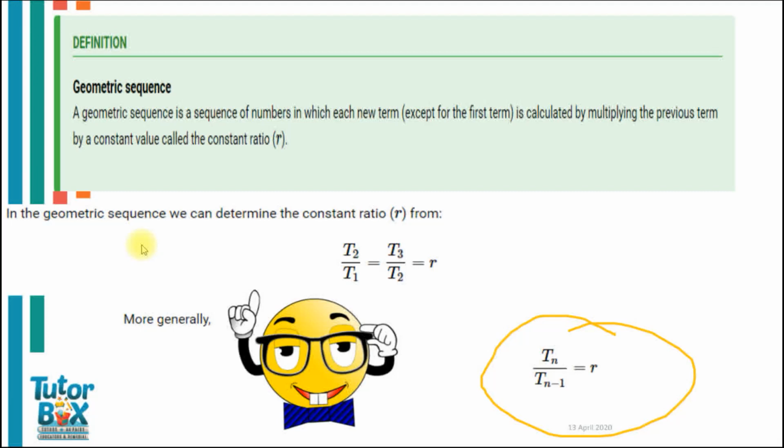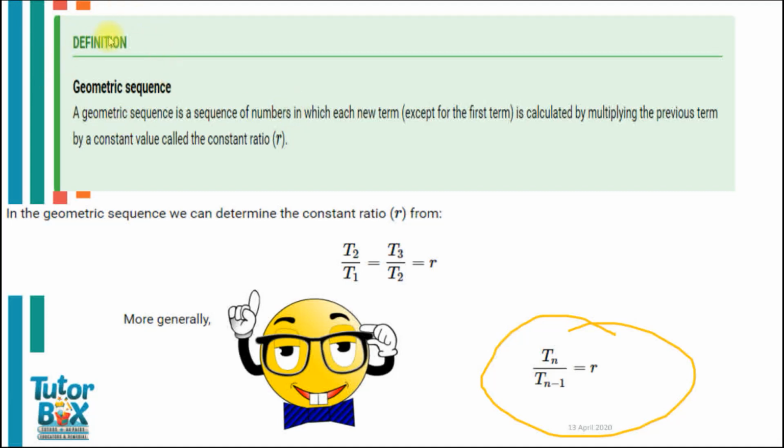In a geometric sequence, we can determine the constant ratio R by taking the second term divided by the first term, which is equal to the third term divided by the second term, which is equal to R. More generally, Tn divided by Tn minus 1 is equal to R. Note the difference between arithmetic and geometric. For arithmetic, to get the common difference you take the next term minus the previous term.